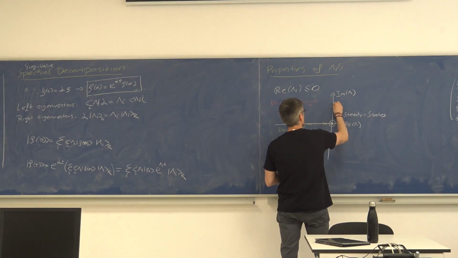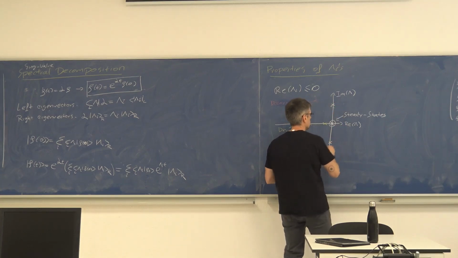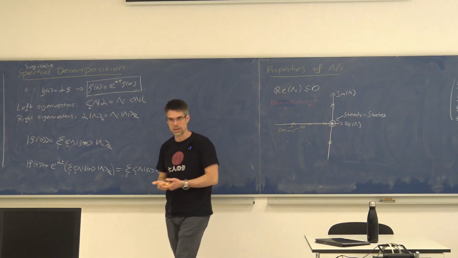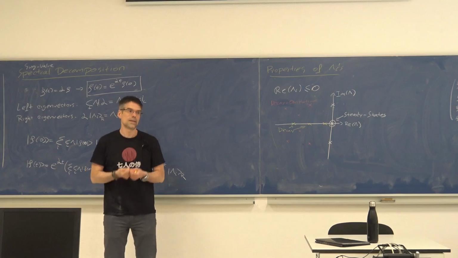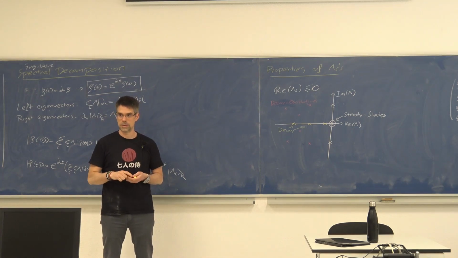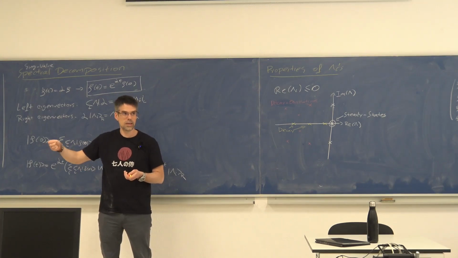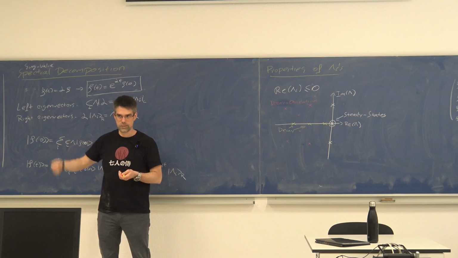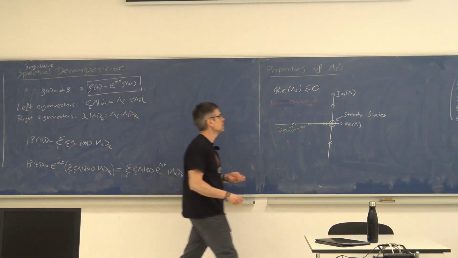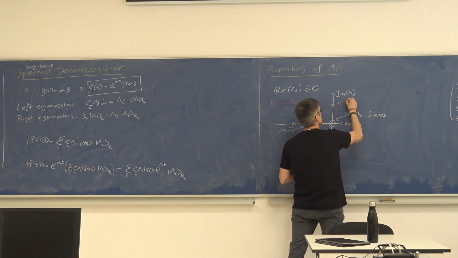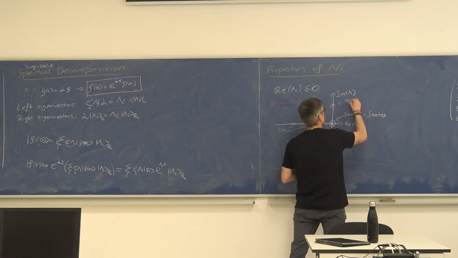White. It could happen that you also have a pair with 0 real part but non-zero imaginary part. What will happen with these states? They will survive because they have no decay, but they will oscillate forever. And this is what are called oscillating coherences.